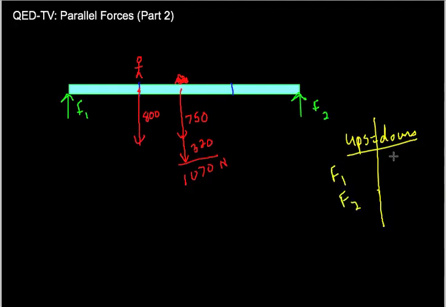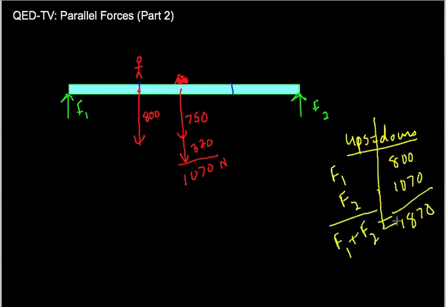And my downs are 800 plus 1070. So my total downs are 1870. And my total ups are F1 plus F2. And we know that these have to be equal if we want this whole thing to be in equilibrium, because that's what we're trying to do.